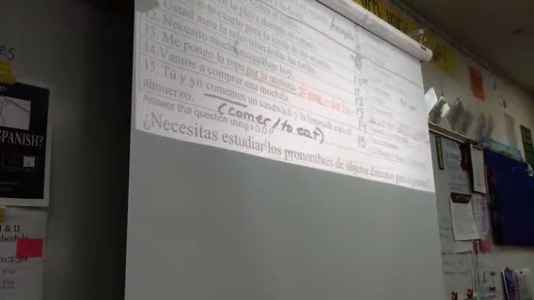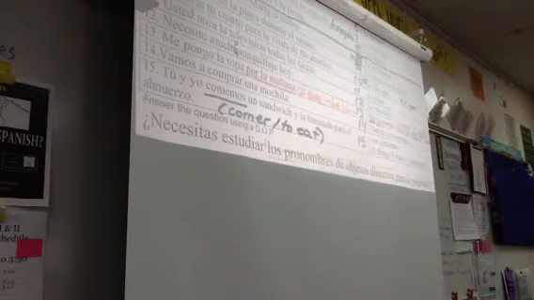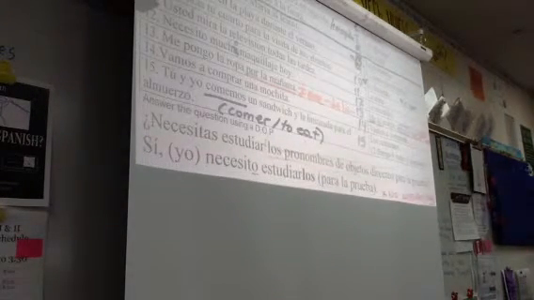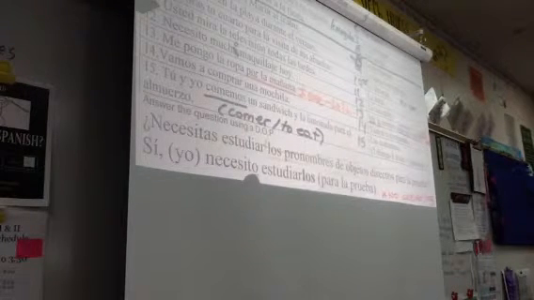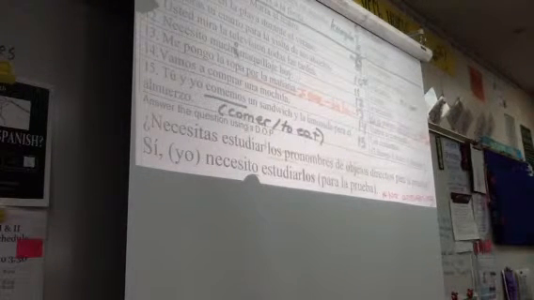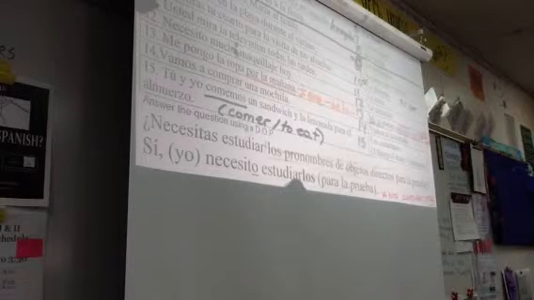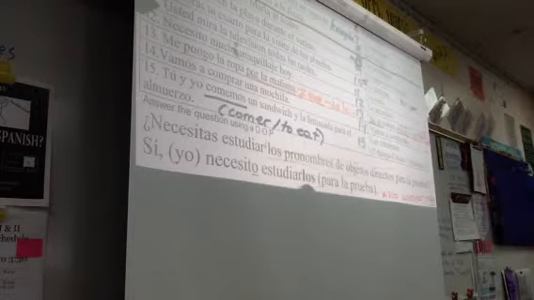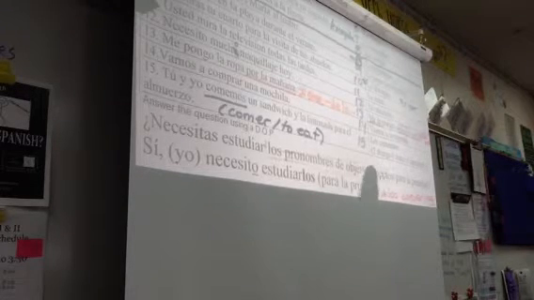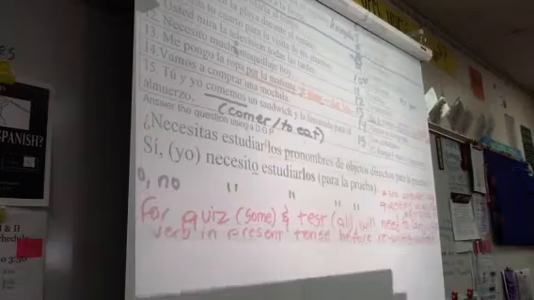Here I'm asking you, do you need to study? So how are you going to answer it? For the yo form, you're changing the verb to answer the question. I need to study, two verbs, not conjugated, second verb. What is it then that I need to study? Direct object pronouns.